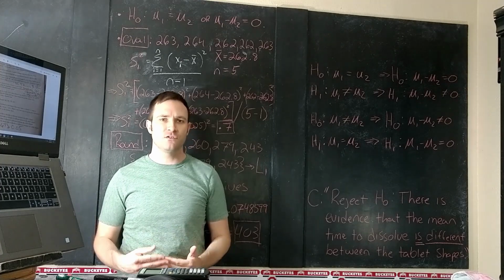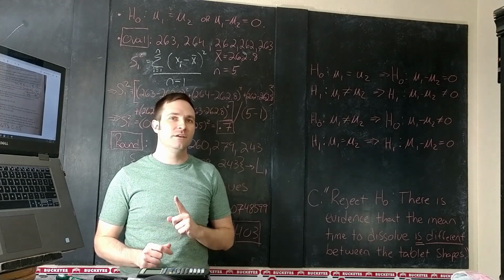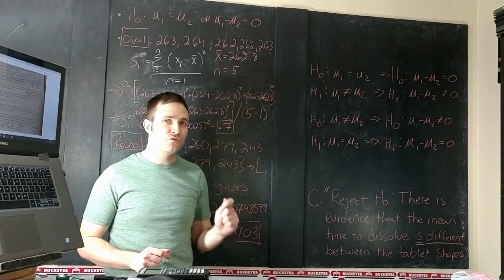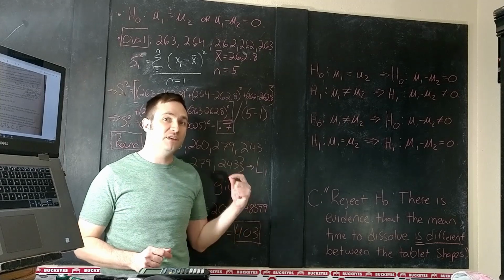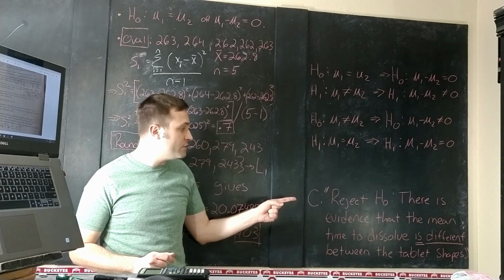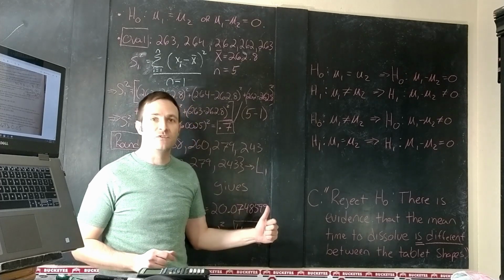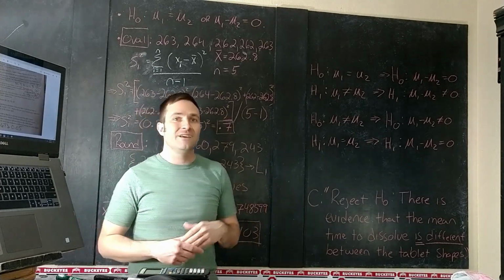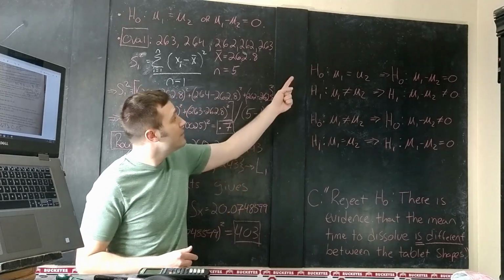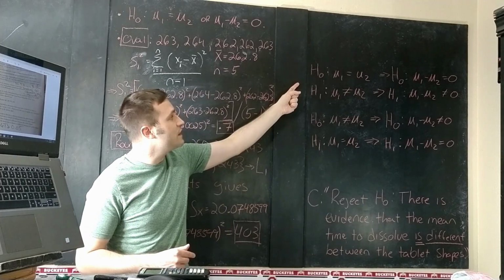So does it matter for this question? Well, it does, because option C constrains rejecting the null hypothesis to be the situation where there is evidence that the mean time to dissolve is different between the tablet shapes. Or in other words, it constrains the null hypothesis to be the statement that the population means are the same.